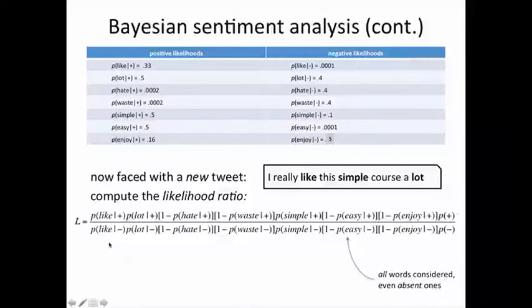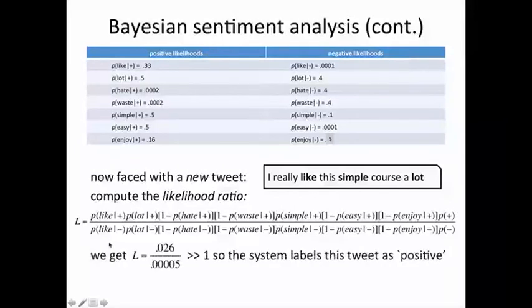Similarly for the denominator, and we get a likelihood ratio of 0.026 over a very small number, 0.00005, which is very much larger than 1, so the system can easily label this tweet as being positive without ever having seen it before. This is an example of the machine having learned to identify which tweets are positive and which are negative based on historical data using the naive Bayes classifier.